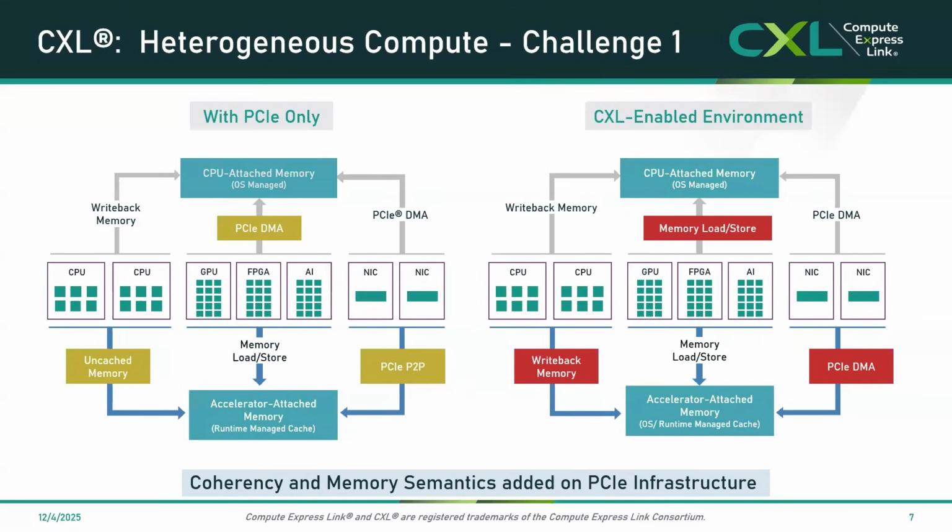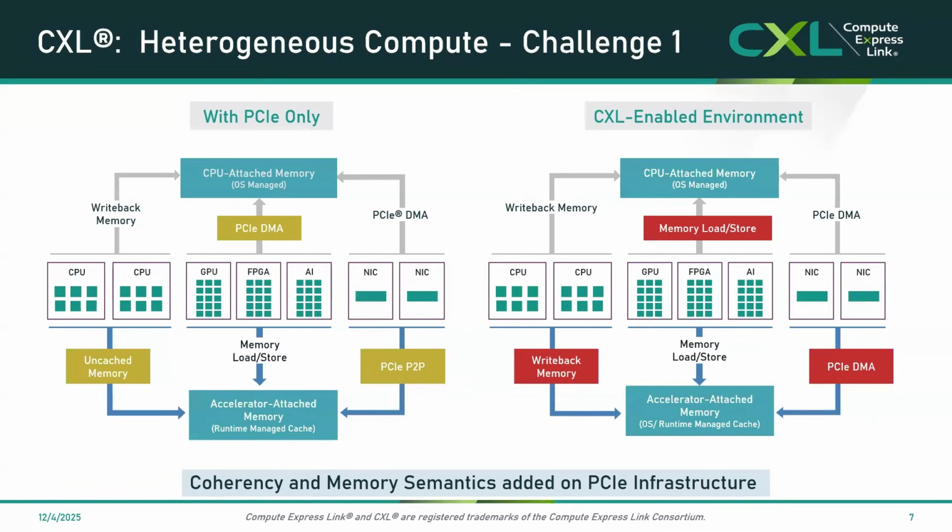So new usage models, like I talked about, those that need heterogeneous computing with finer grained data sharing, things like AI use cases, machine learning use cases, some of the smart NICs that people are deploying, they need more than the non-coherency semantics. They need basically the coherency and memory semantics. So let me try to explain that with the diagram here. The picture on the left represents the world with PCI Express, and the one on the right would be with CXL, where we include the coherency and memory semantics.